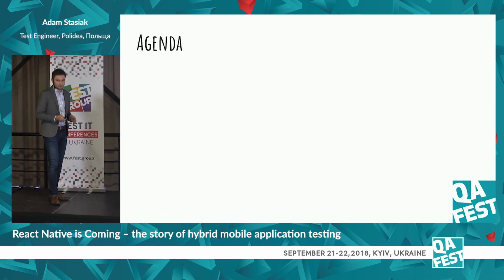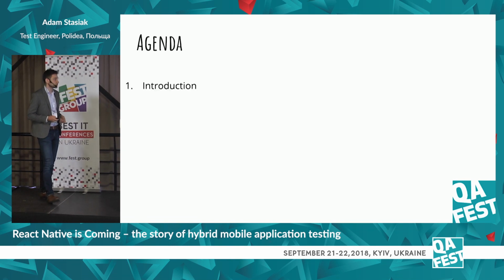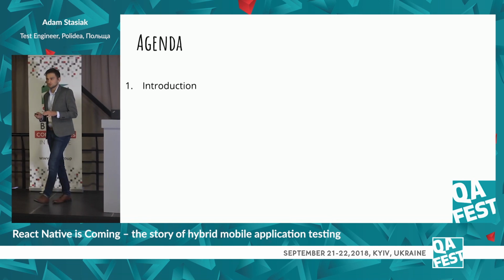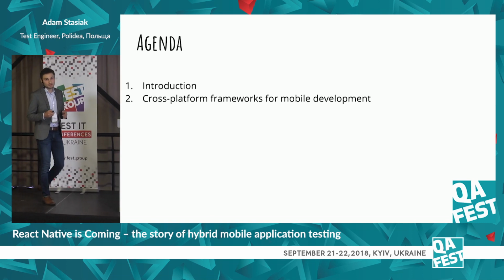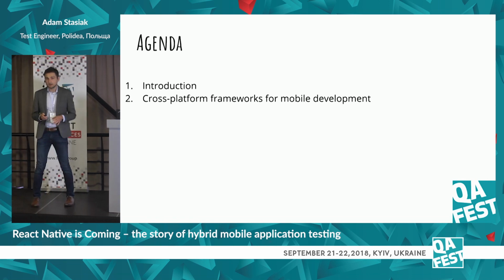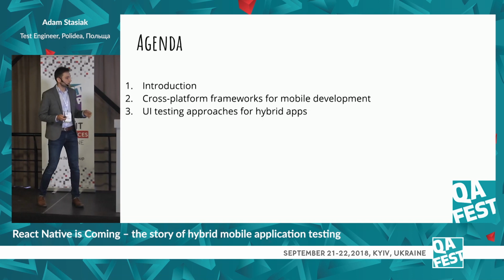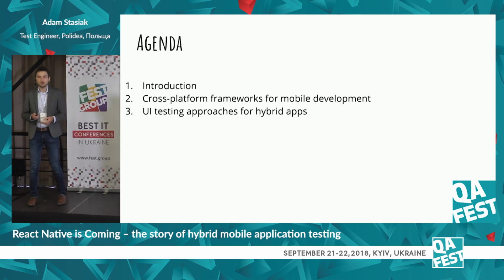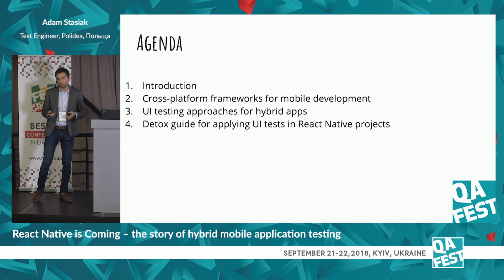And today, I would like to tell you a little bit about the hybrid concept of developing applications. I will do this in the introduction. Later, I will show you some examples, some proposals of frameworks that can be used for developing hybrid mobile applications. Another thing I want to show you, because we are at a test event, is how to conquer test automation, checks automation for those apps, and finally how to do this with the Detox framework.